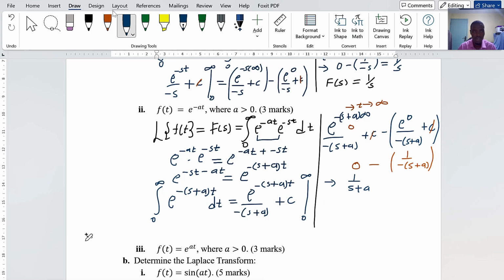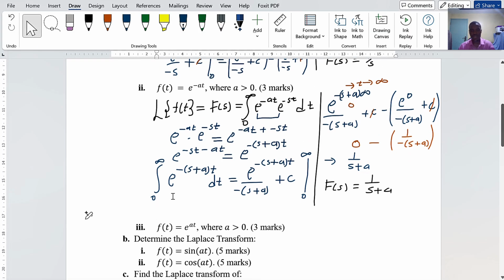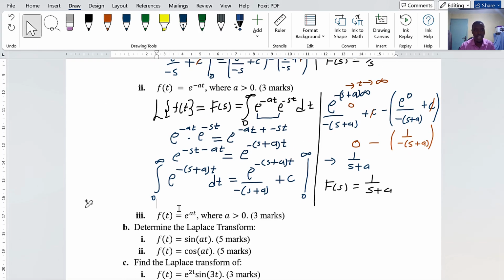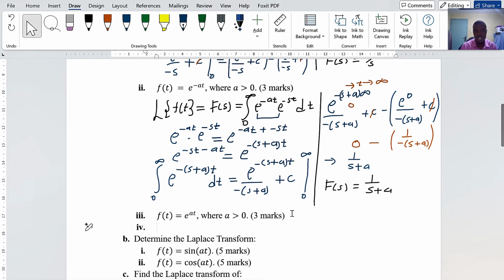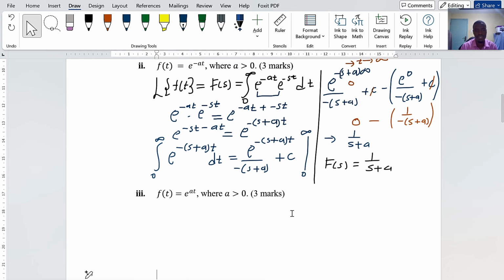So our Laplace transform F of s for our function f of t is 1 over s plus a. Now that is important for you because it's standard. We can apply it to where exponential functions are involved.